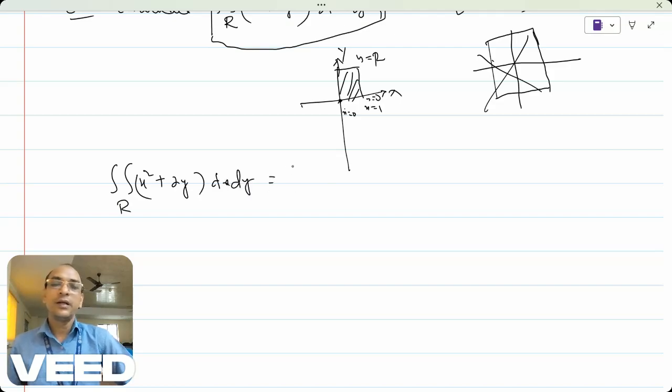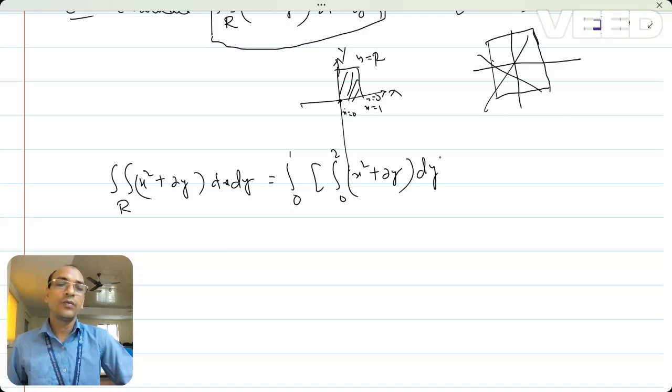Let me keep x as the outer integral, so I will put the limit 0 to 1 for x, and y as the inner integral, so I will put the integrand x square plus 2y, and since I have put the inner integral with respect to y, I put the limit of y as 0 to 2, and the x limit is outside, so I will put the outer integral as x.